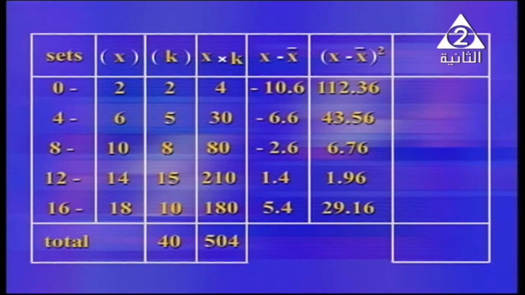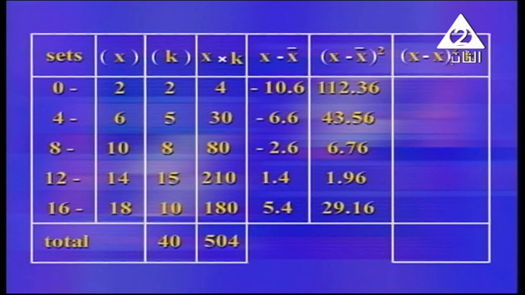What about negative 2.6 all to the power of 2? It is 6.76. 1.4 to the power of 2 will be 1.96. And finally 5.4 all to the power of 2 will be 29.16.